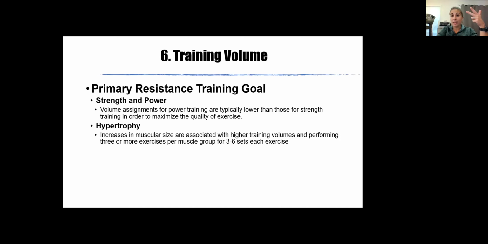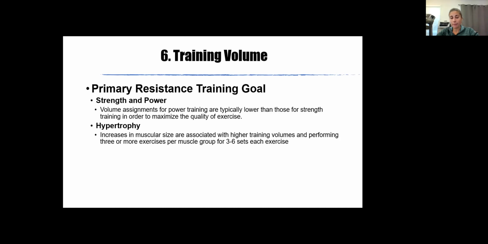So that's 3 exercises for the same muscle group, and then 3 to 6 sets of each of those exercises. That will stimulate increases in muscle size because the idea is to fatigue the muscle so we can then stimulate the growth. That is hypertrophy, where we're looking at a much higher volume.